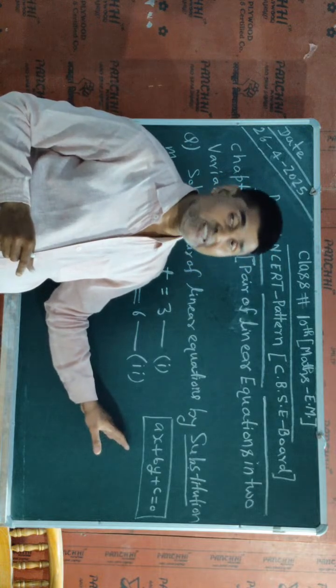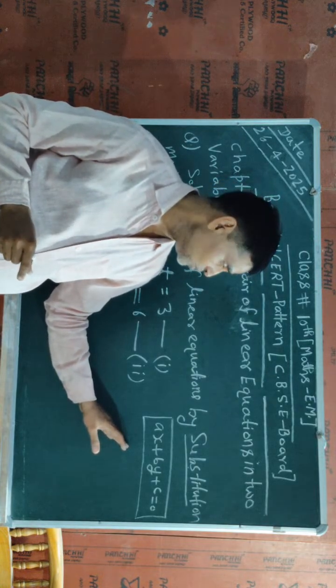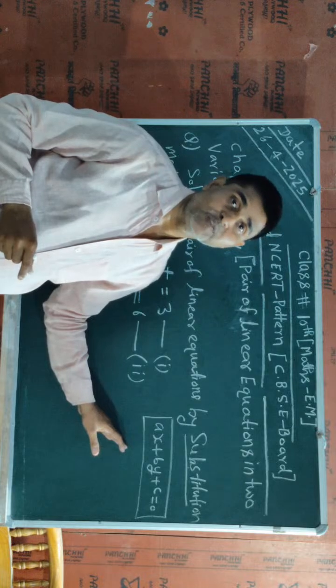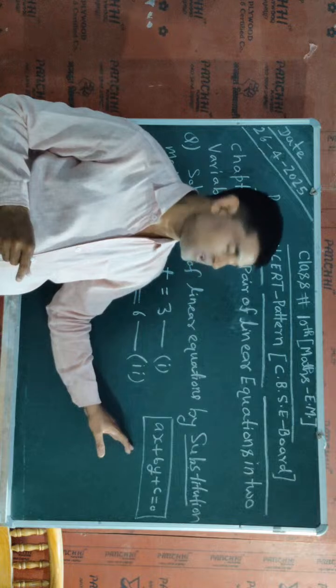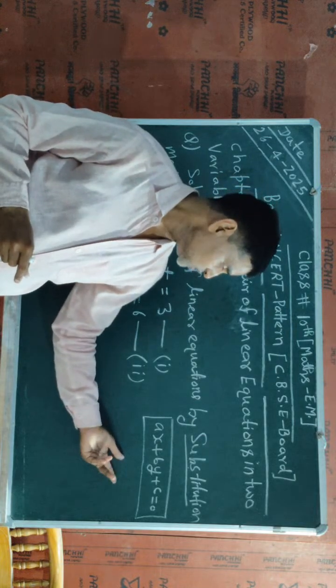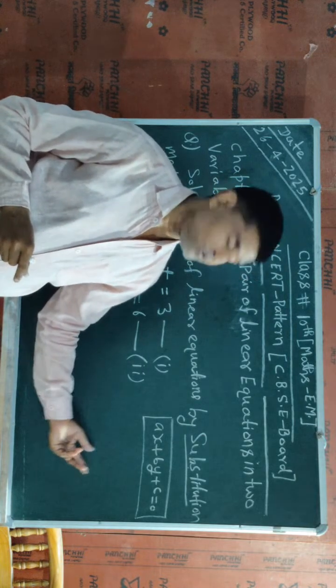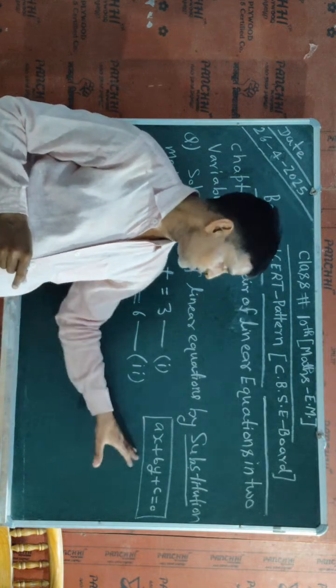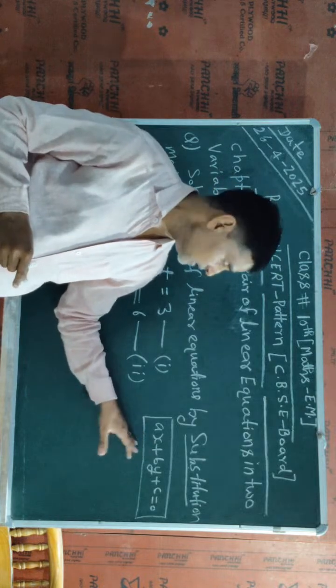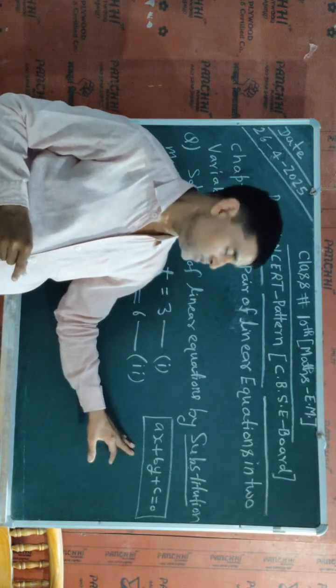In this case only one question is available: we have to find the distance between these two parallel lines. That distance between two parallel lines will be the magnitude of c1 minus c2 divided by root under a square plus b square. So that is another question. If there is any question related to this, I will solve it properly.